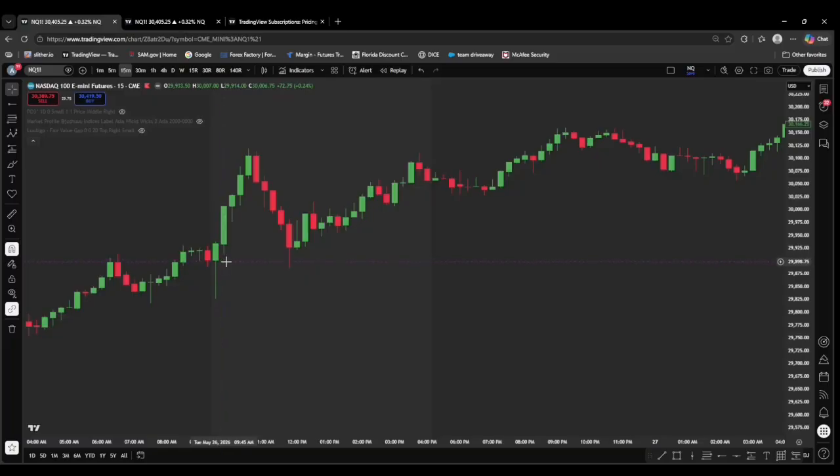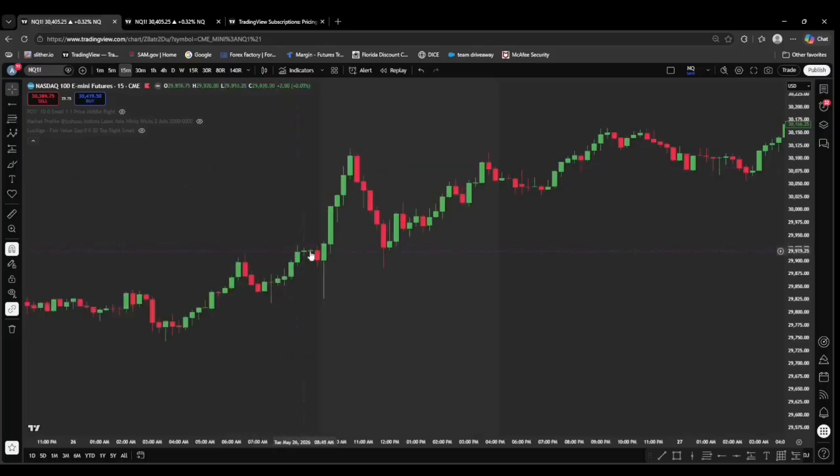Sellers pushed price way down here, but buyers pushed it back up and said, we're going to close right here. I said these long rejection wicks pretty much tell you that if it's a long rejection wick at the bottom, we're about to go up.